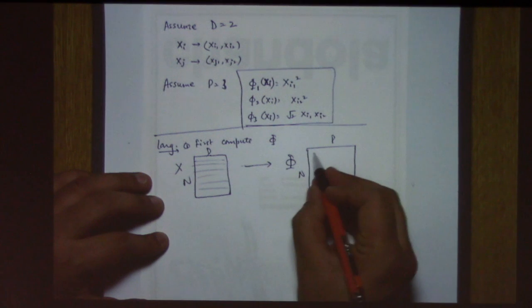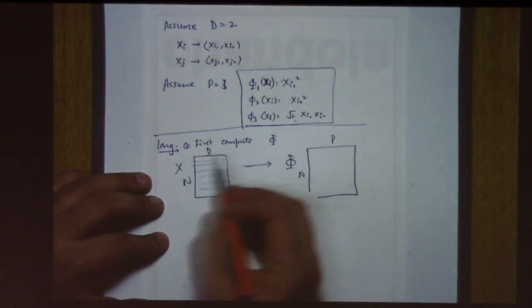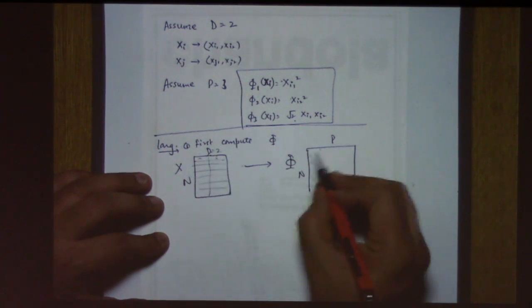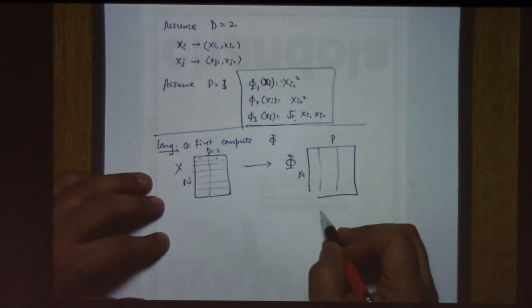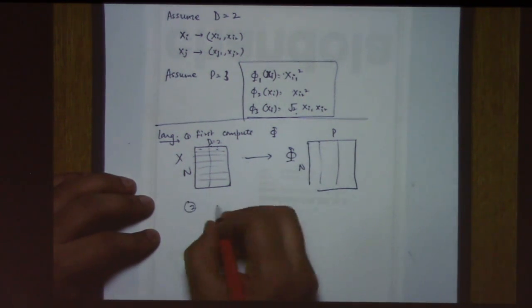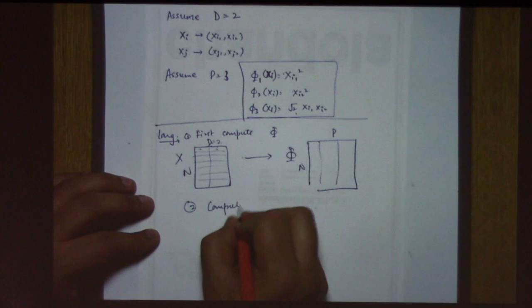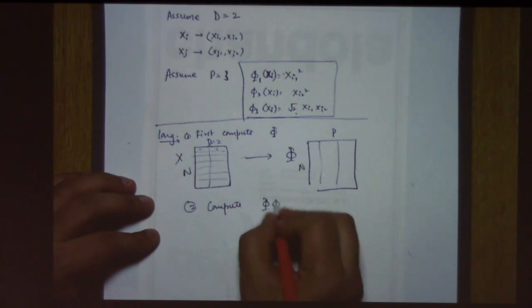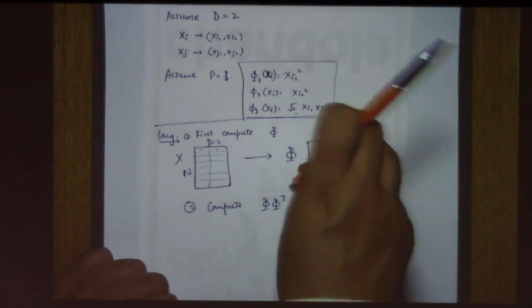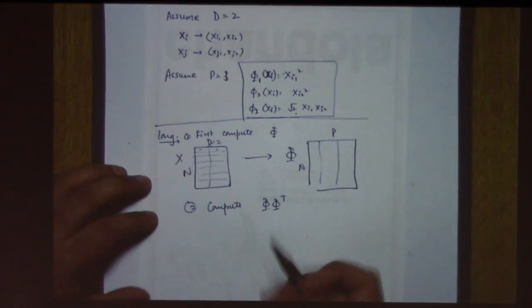You apply these three functions on each of these two values, since d is equal to 2, and you get three values for every one of them. Step 2 is compute phi transpose phi, multiplying this matrix by the transpose of itself.